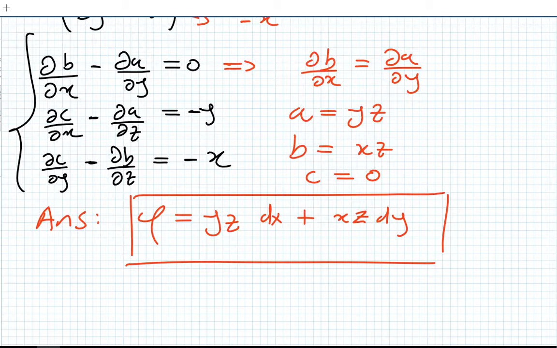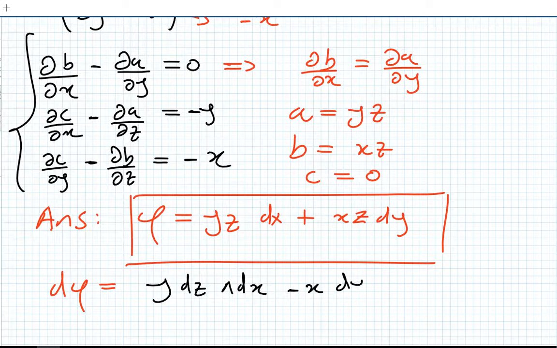Now, if you want to check, you simply pick this, take the total derivative, and see if you get what we were asked right at the beginning: y dz wedge dx minus x dy wedge dz. Just check that. If you take the derivative with respect to z, you will get 1 dz, so that will be y dz wedge dx. This is really easy to check.